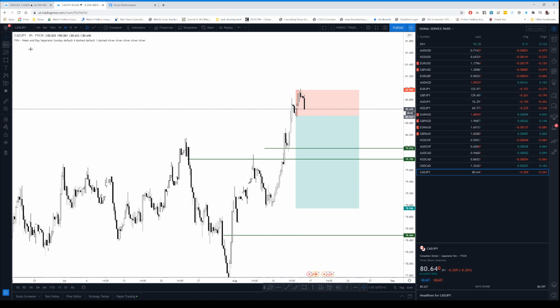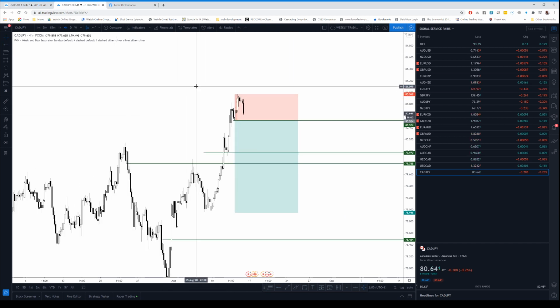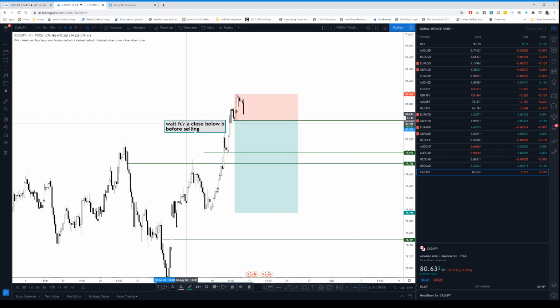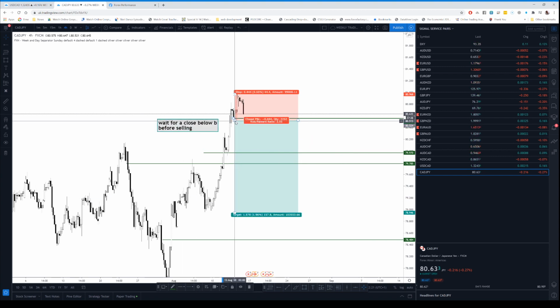And let's put some annotation on here. Okay, with a stop above there, and TP1 will be here.